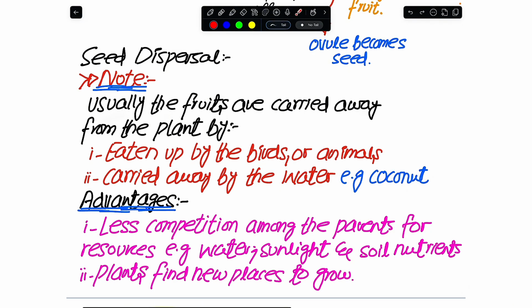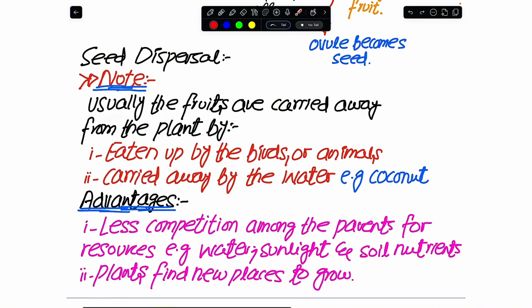Now, the advantage of this would be that there would be less competition among the parents for resources. Consider a situation where a parent plant has produced fruit having the seeds in it, and they fall to the same place, and the new plants emerge out of it. They would create a lot of competition for their parent plant for resources like water, sunlight and soil nutrients.